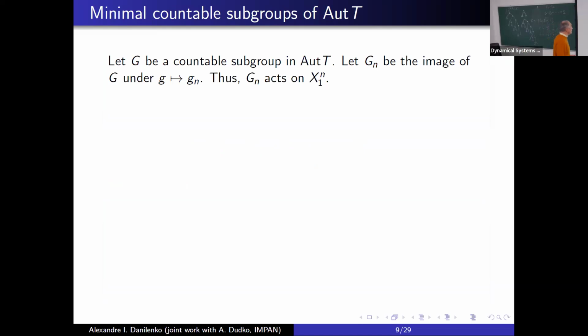Now let G be a countable subgroup of T, and denote by Gn the image of G under Gn. Then Gn acts on X_1^n, which is the product X1, X2, and so on.